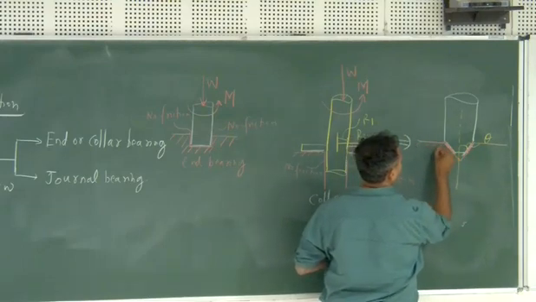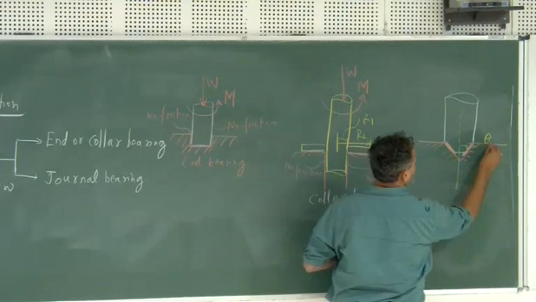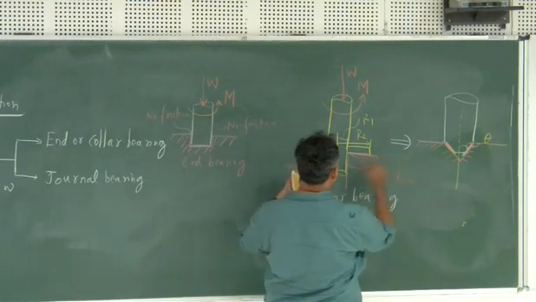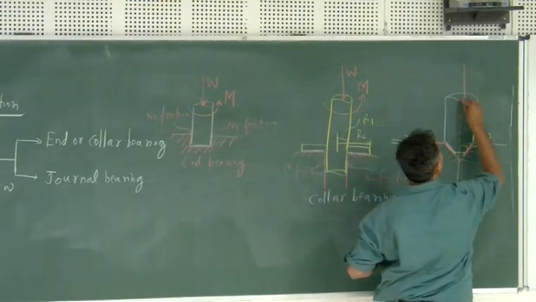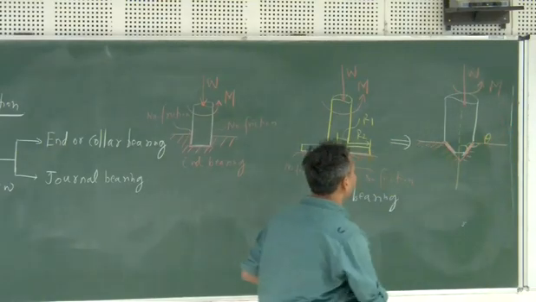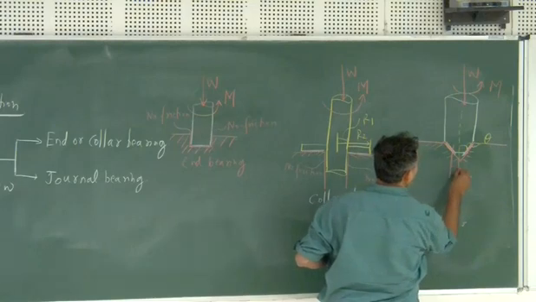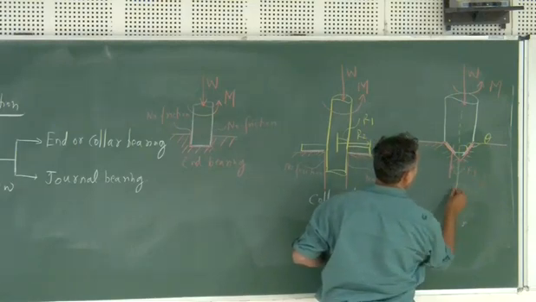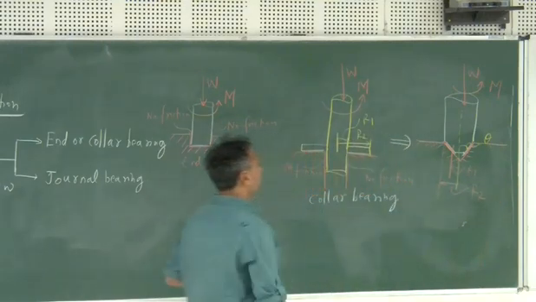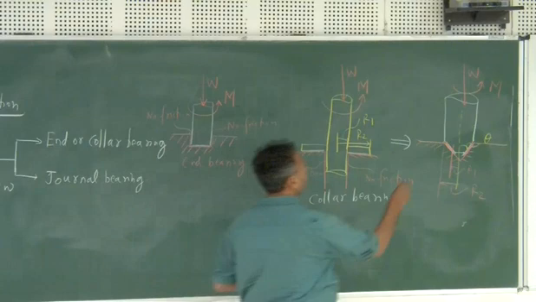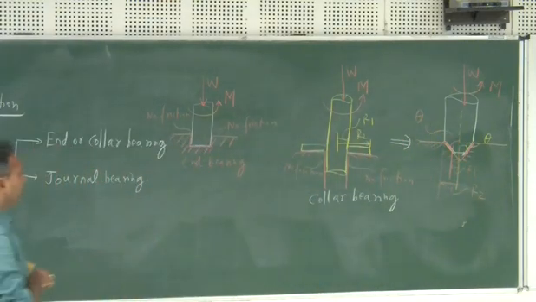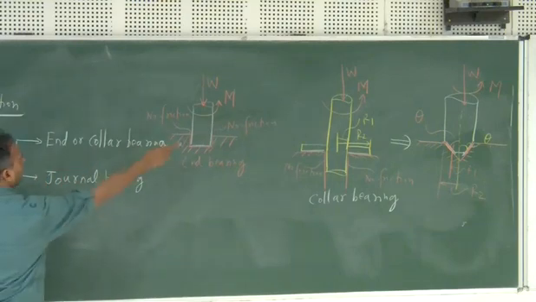These are all fixed. So in this case, you will see that it is just the inclined kind of bearing. Again, you will take it as R1 and your theta. So these are the examples of pivot and collar kind of bearing.